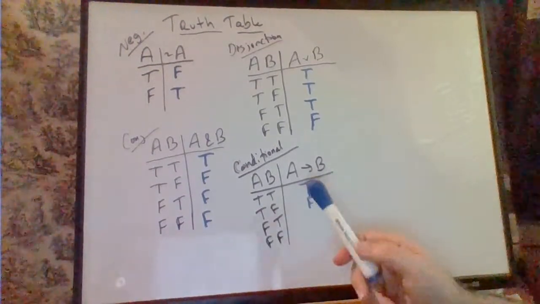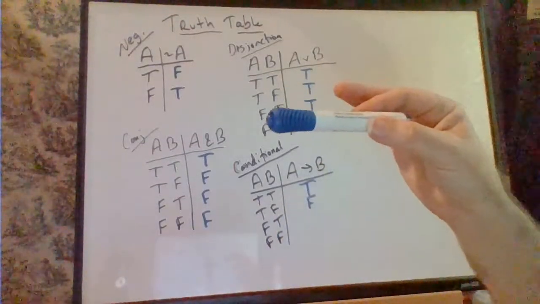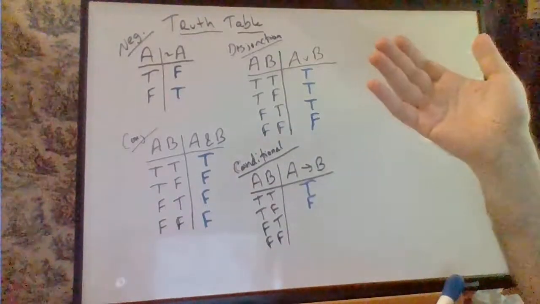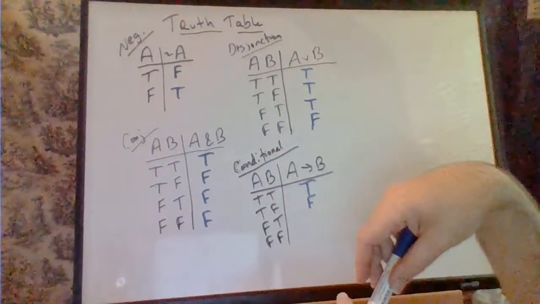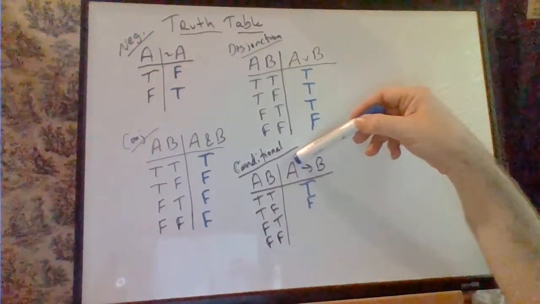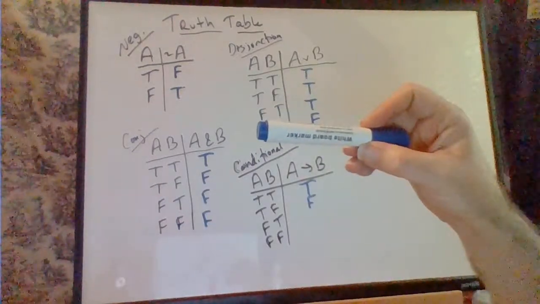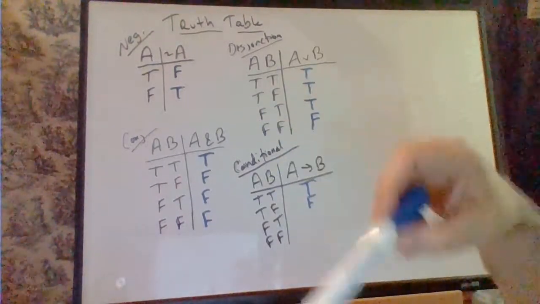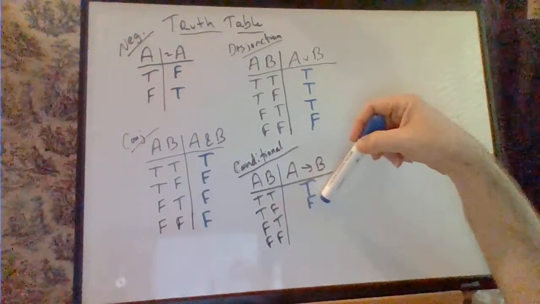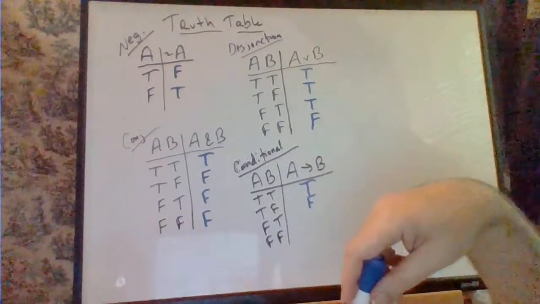If my statement is, if I release the marker, then it will fall, and I release the marker, so the antecedent is met, and therefore the result is that the consequent followed from it. So, of course, my statement was true. But if I say, if I release the marker, then the marker will fall, and I release the marker, but it doesn't fall, it floats in midair, then the statement I just made is clearly false, because the consequent didn't follow from the antecedent. That, again, makes perfect sense.